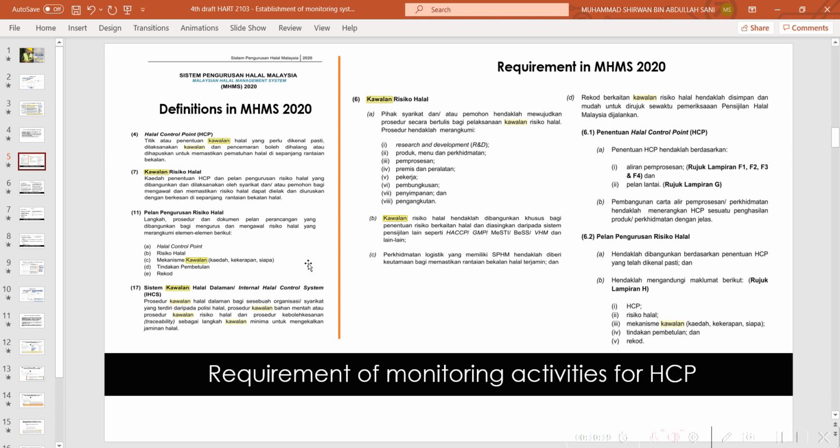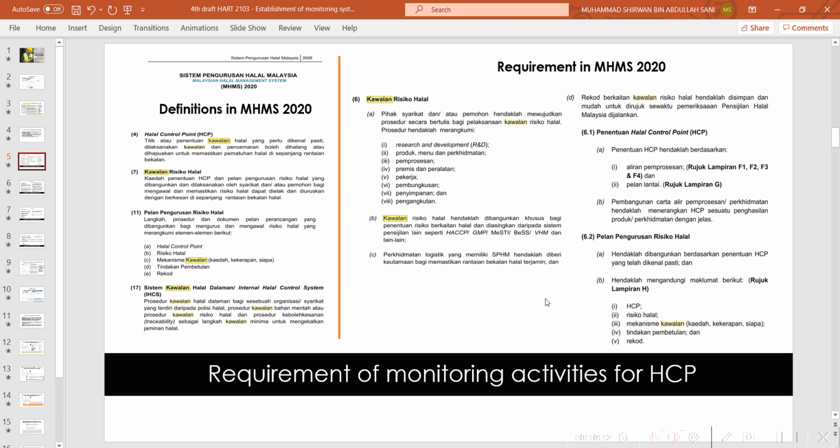All right. So when we talk about the monitoring activities, we can refer to the Malaysia Halal Management System 2020. What are those requirements related to monitoring? So in Malay, monitoring we call it memantau. All right.